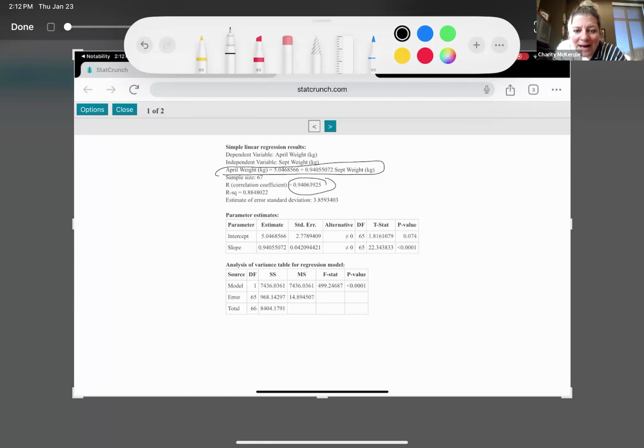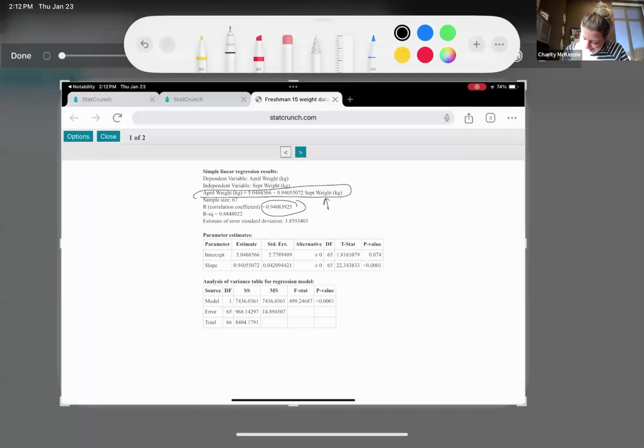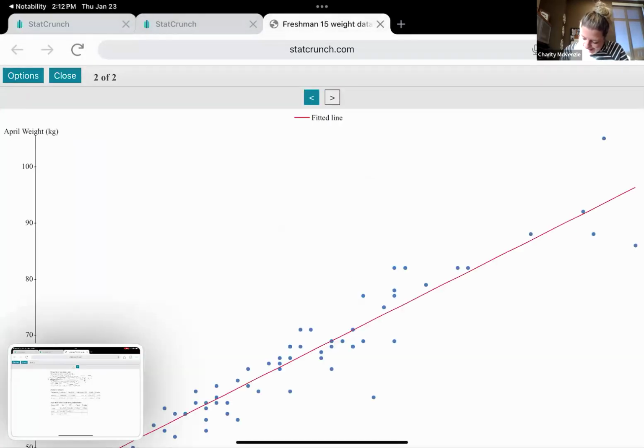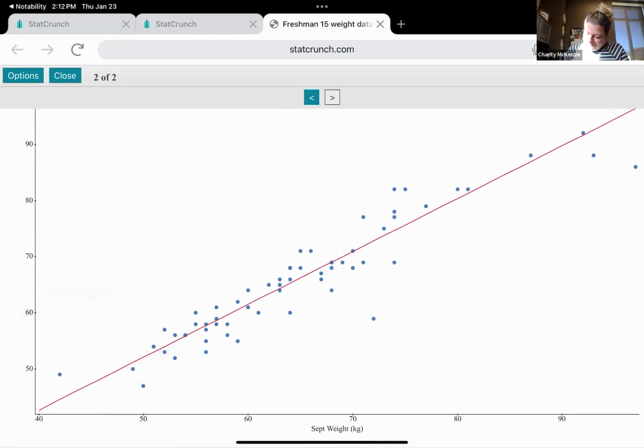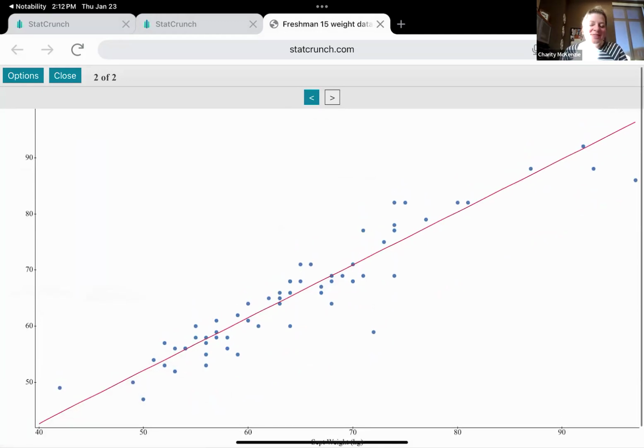Okay, so you're positively gaining weight, and you could put your weight right here in September and see what's going to be my weight in April. And it's a pretty good representation of that. So if I go back here, I can see my data on that scatter plot with the line of best fit on it as well.